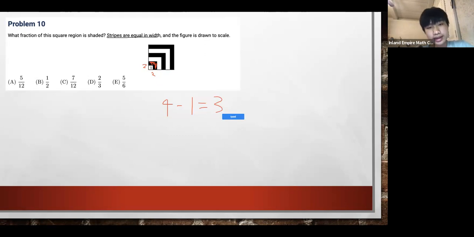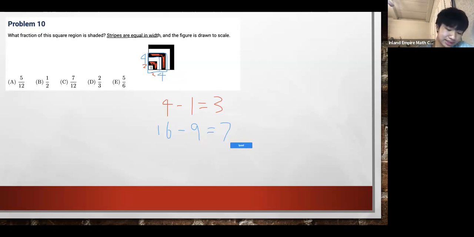And for this other black section, we can see that there's a big square like this that has an area of 4 times 4, so 16. And if we subtract 9 from that, which is the area of this smaller square right here, because 3 times 3 equals 9, we get 7.